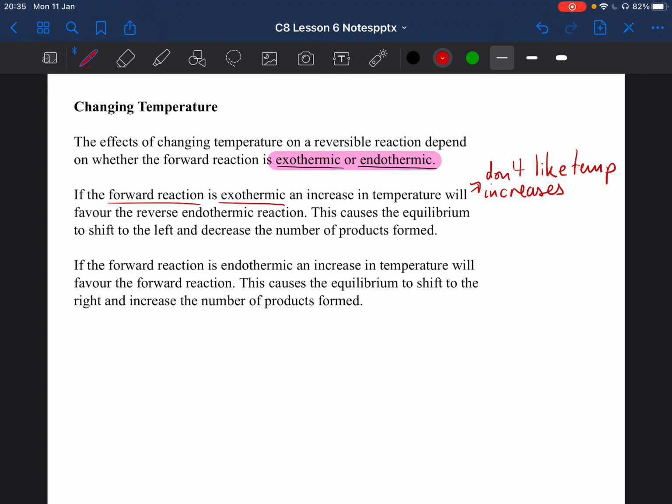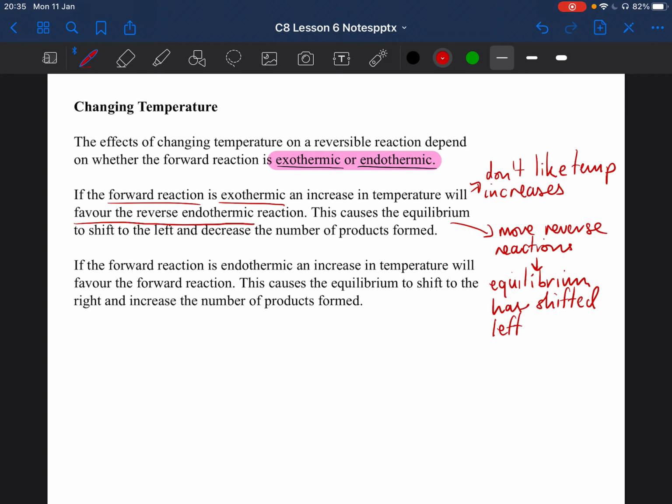So if we have an increase in temperature, we will actually have a favouring of the reverse reaction, because the reverse reaction is endothermic. What that means is we will get more reverse reactions, and that's because our equilibrium has shifted left.